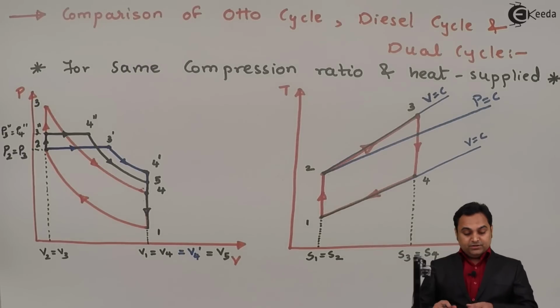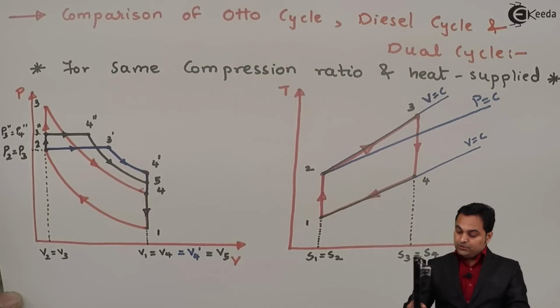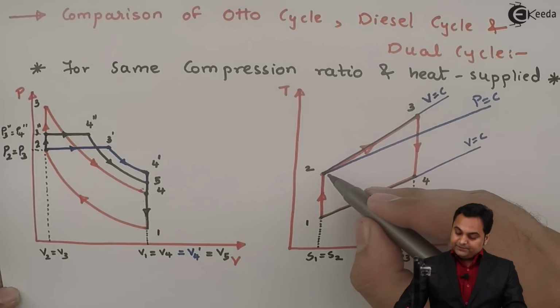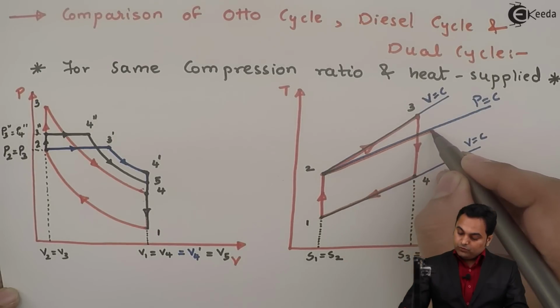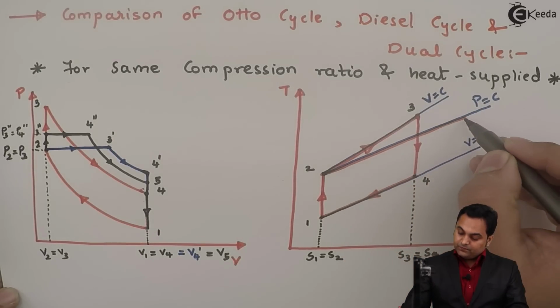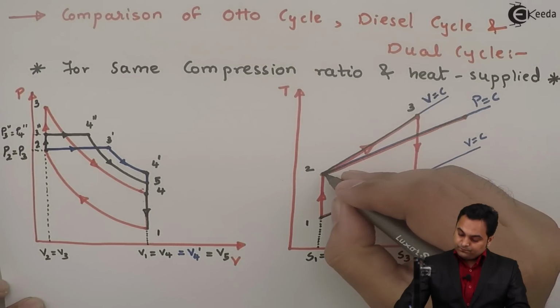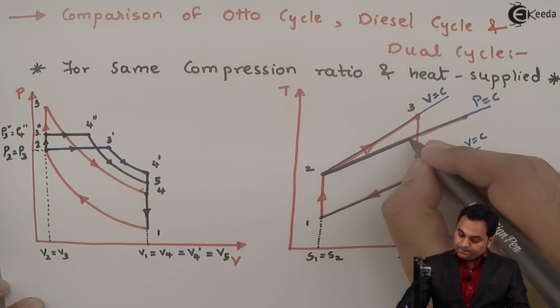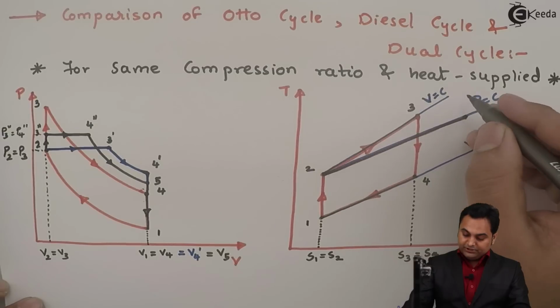And here process 2 to 3 is constant pressure heat addition. So I'll go on adding heat over this constant pressure line, from point 2 up to 3 dash.